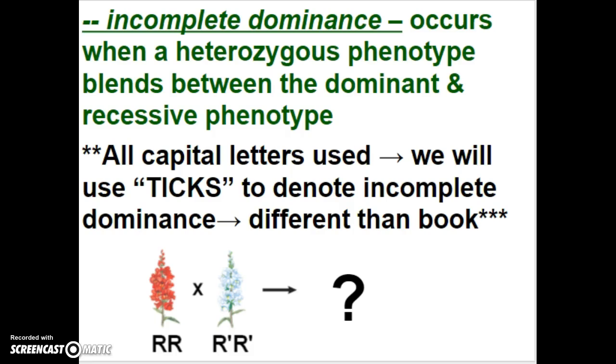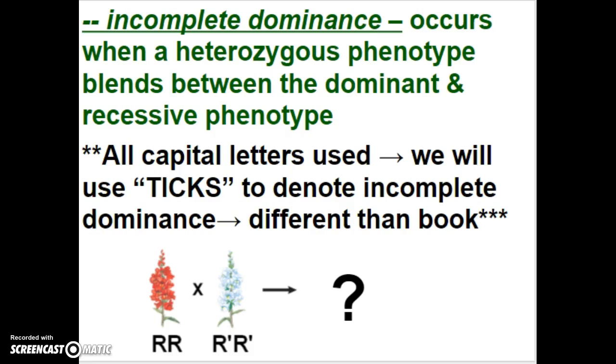So if I was to take a type of flower, it's called a snapdragon. A red snapdragon, which we will have as big R, and a white snapdragon, which will be the recessive. We will use R tick to notice the recessiveness there.